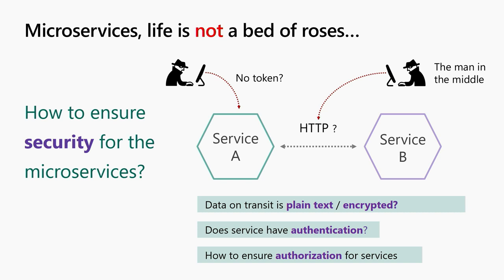The man in the middle can sit in the middle and easily get our data. Of course, at the front door we have an API gateway to secure our services. But then the people in the middle can get the data easily. And how to secure each individual service is quite important.